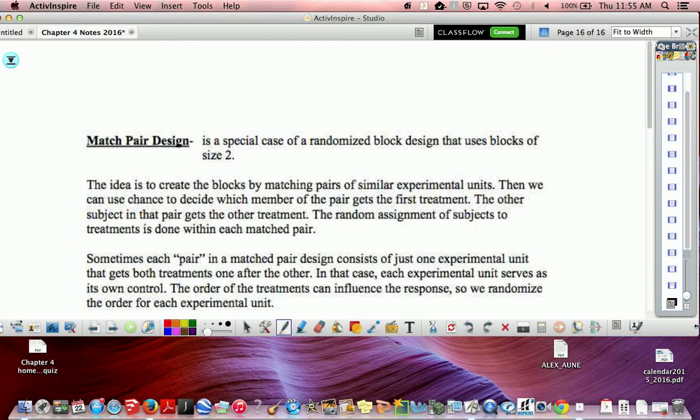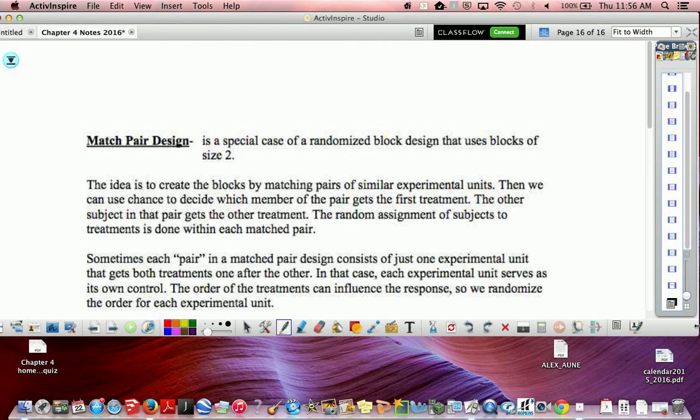Right? So to give you an example of this, say I'm a company that designs a new mosquito spray that keeps away the mosquitoes. I have my old product and I want to see, is the new formula I put together better?